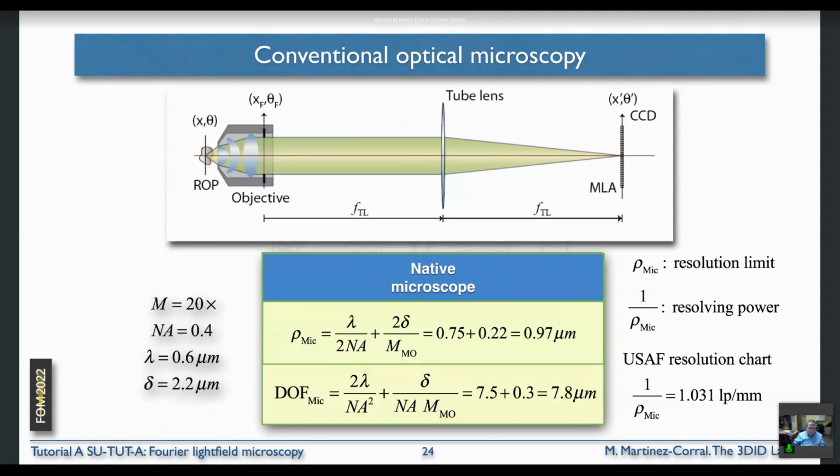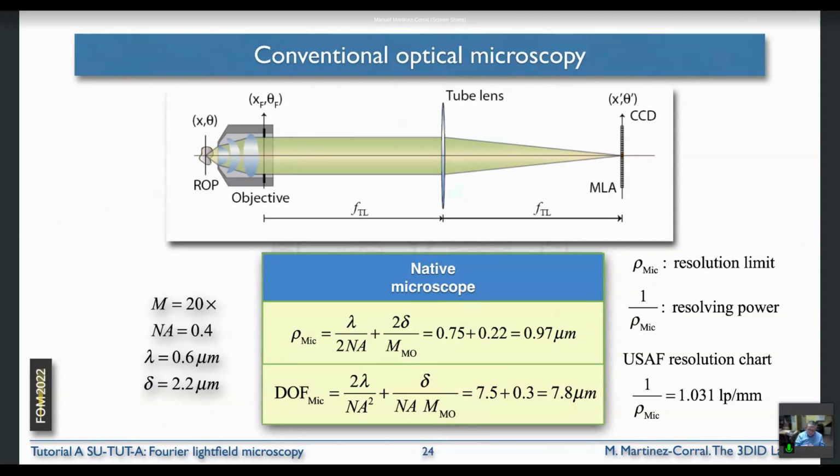For example, let us suppose that I have an objective with numerical aperture NA 0.4, magnification 20x. For my calculations, I consider monochromatic illumination of 0.6 micrometers. And let us suppose that the pixel size is 2.2 micrometers.